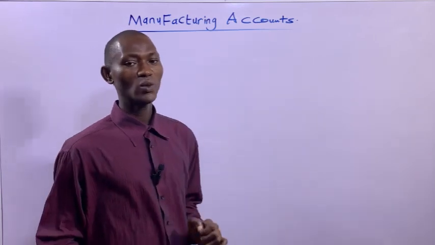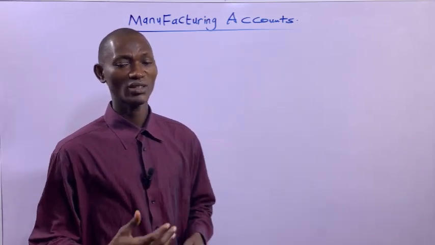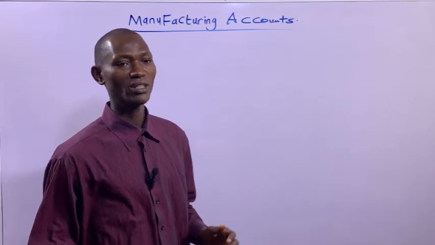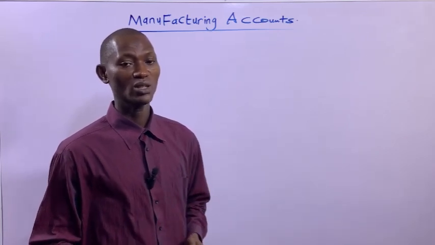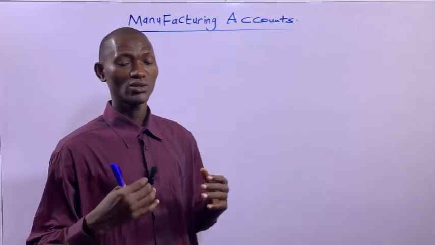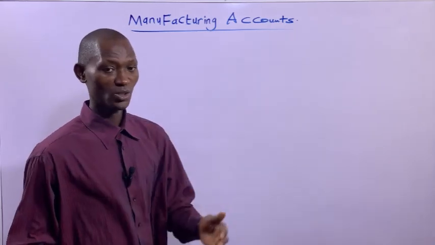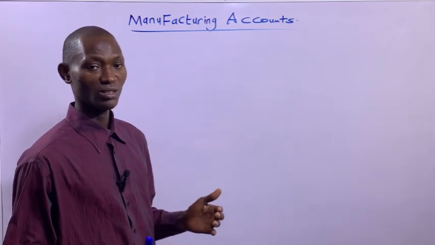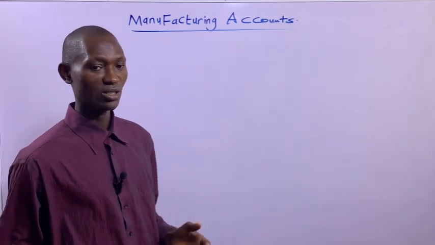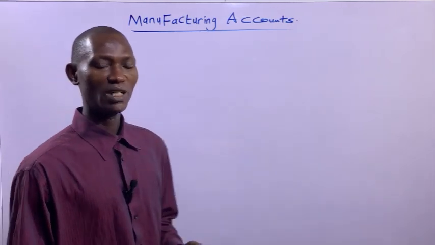So now that we've said that manufacturing account is to determine the cost of production, basically in order to determine the cost of production, you will have to add some costs together, in order for you to determine the cost of producing the goods or commodity in question. So that's with respect to the meaning of manufacturing account.